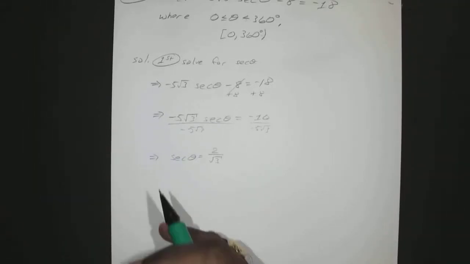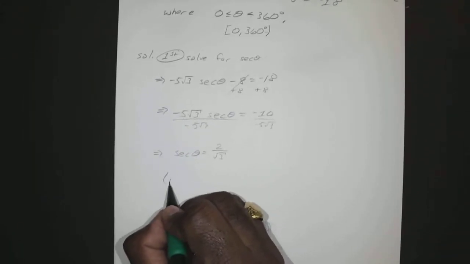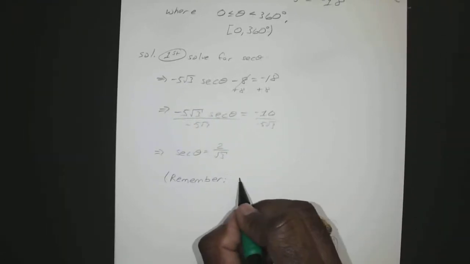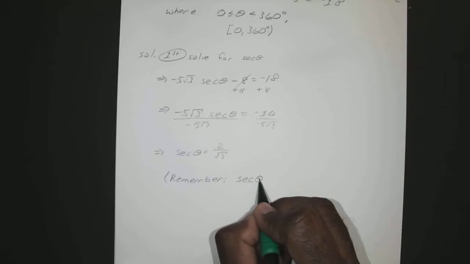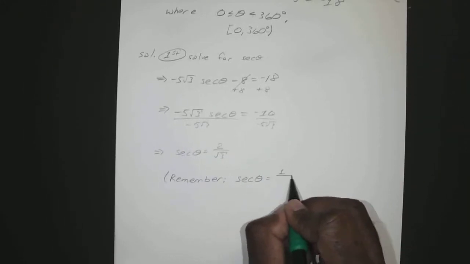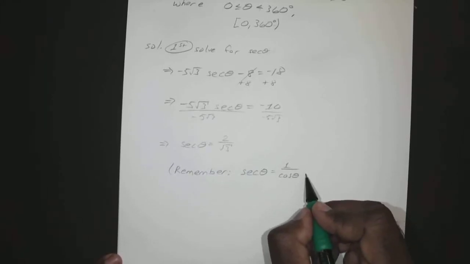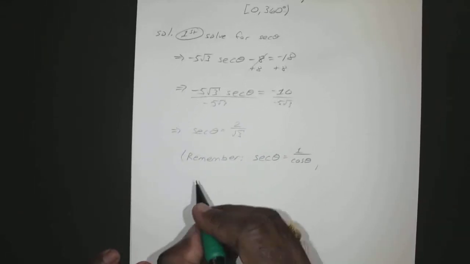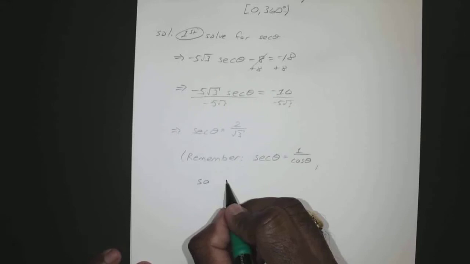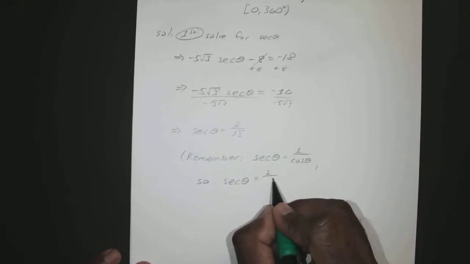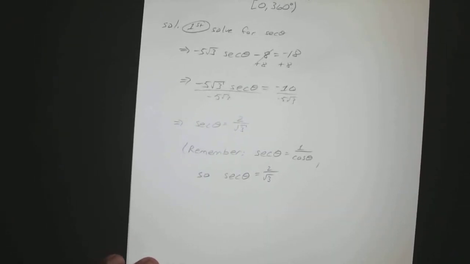Now with this one, you want to remember that secant of theta is equal to the reciprocal of cosine of theta.